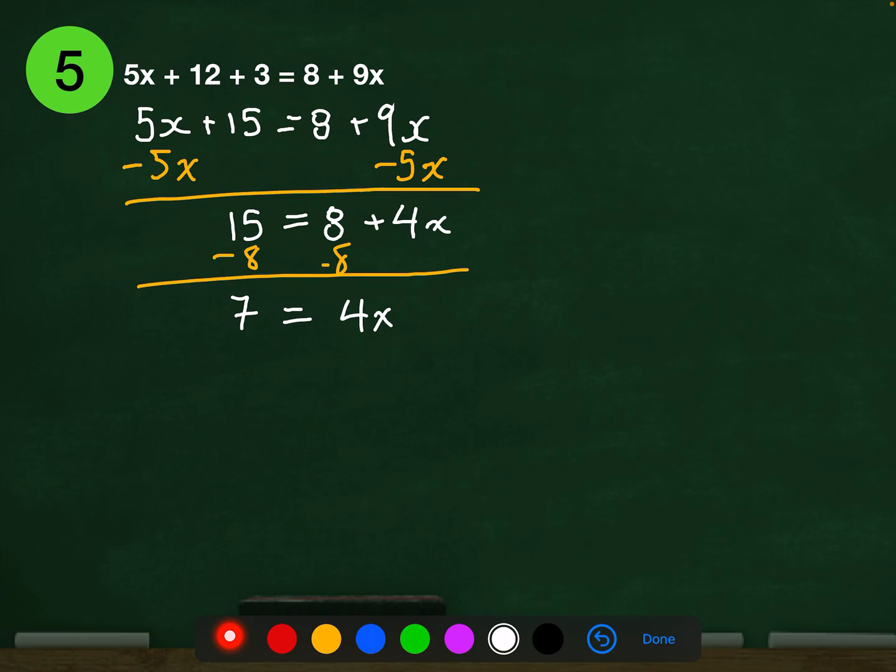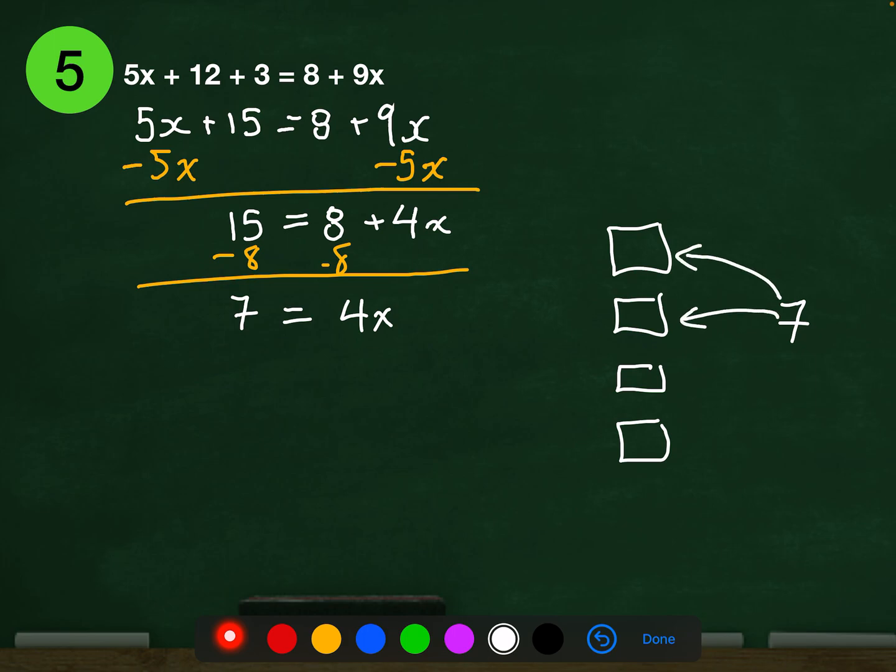So now what this basically is telling me is that I have 4 boxes, and those 4 boxes in total are worth 7. But I want to know how much is in each one of those boxes. Okay, it's not 7 in each one. I'm breaking up that 7.